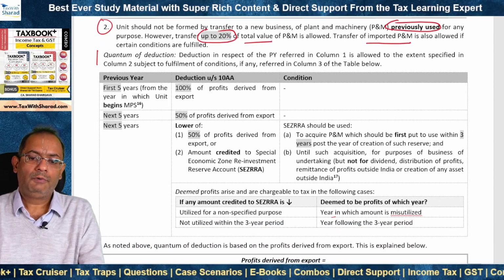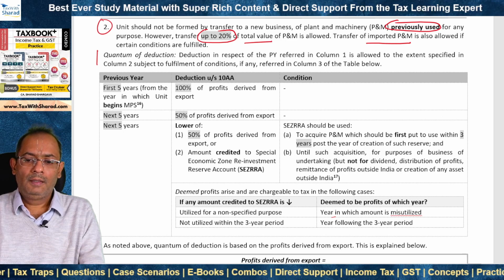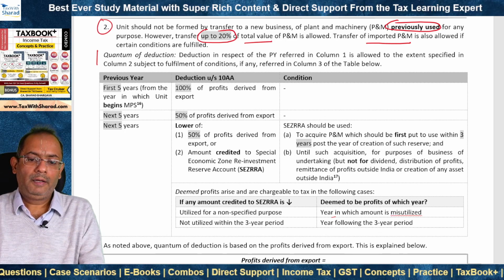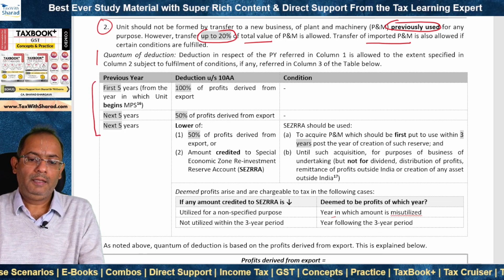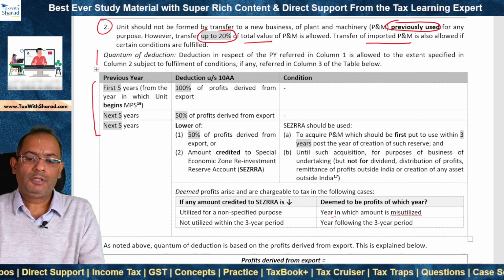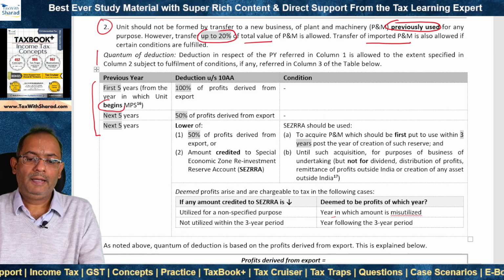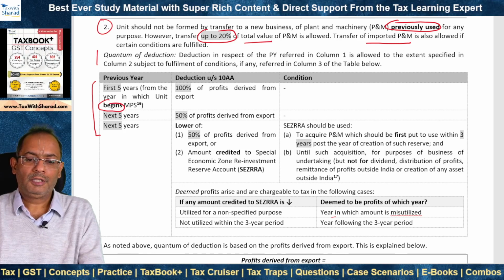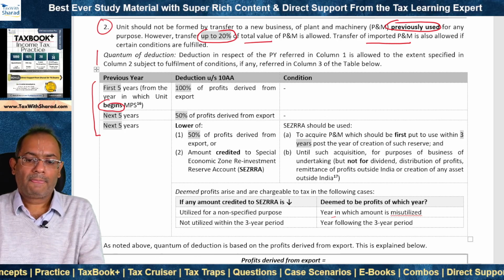And what is the quantum of deduction? The deduction is allowed up to a total period of 15 years, beginning with the year in which the unit begins to manufacture, produce, or provide services in the special economic zone. Right?